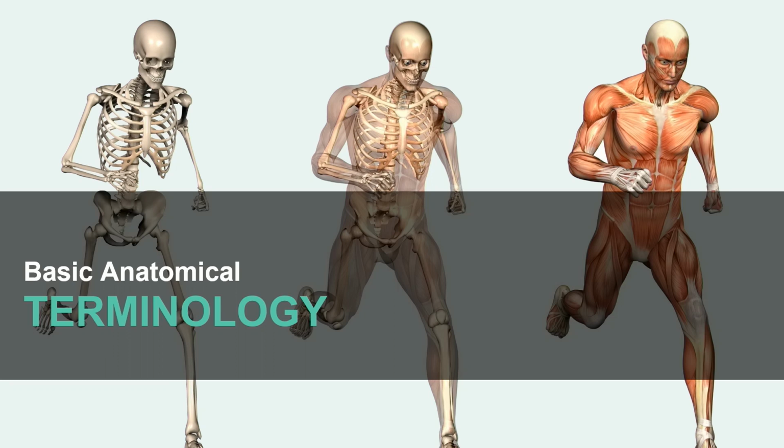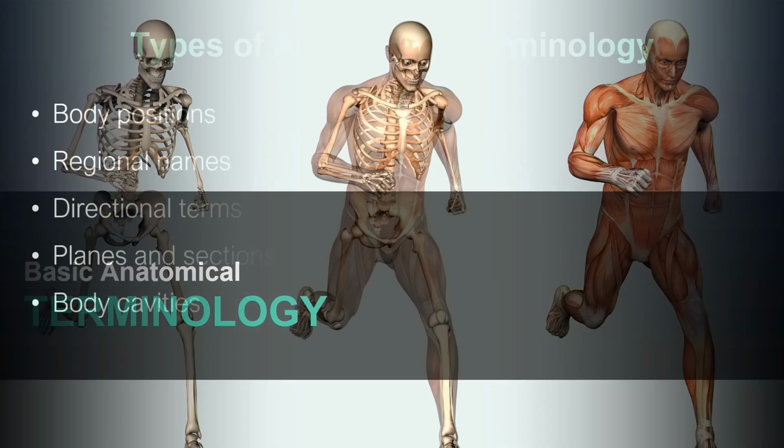In order to study these areas properly, to be able to communicate with other anatomists, or for me to be able to communicate with you and you understand what I'm saying, we need to be all on the same page with this new descriptive language required by certainly anatomy, but also physiology. Basic anatomical terminology.